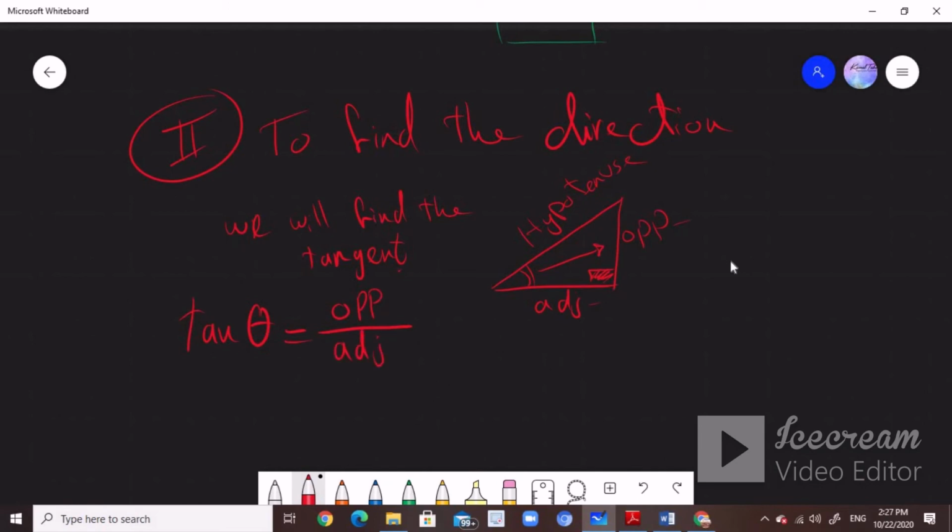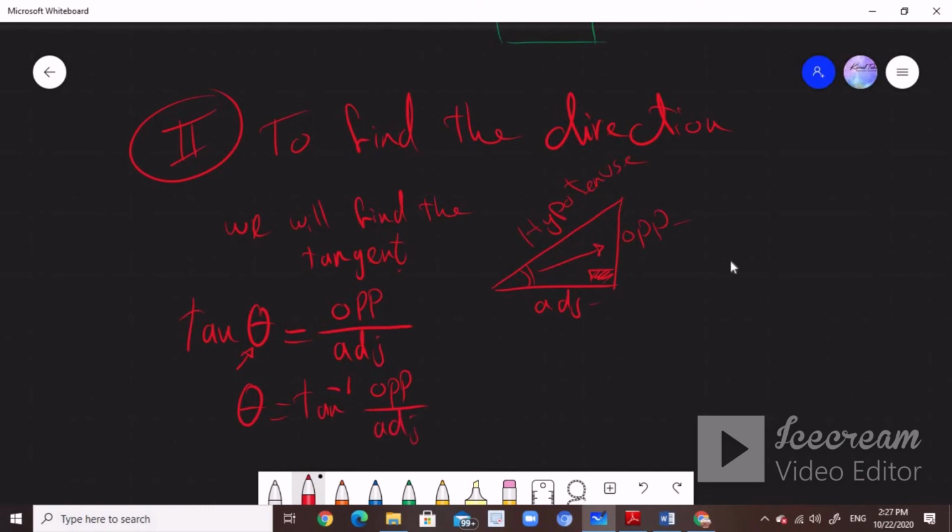That is the rule. Now the question is, we want to find theta. How can you find theta? Theta equals tan -1 of opposite divided by adjacent.